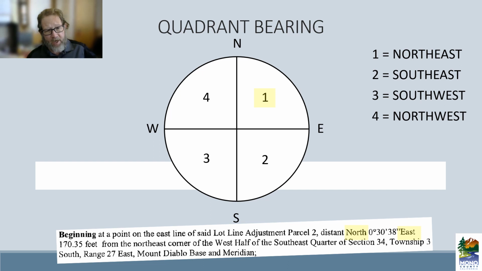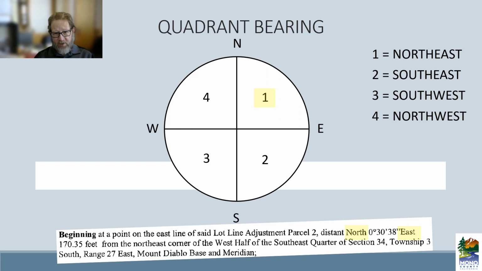Before we type it into our COGO program, we need to talk a little bit about quadrant bearings. Quadrant bearings is another way to talk about northeast, southeast, southwest, northwest. All of our legal descriptions call out for a direction.